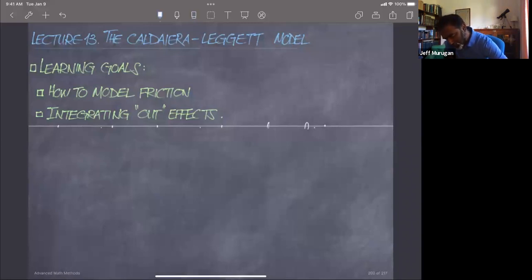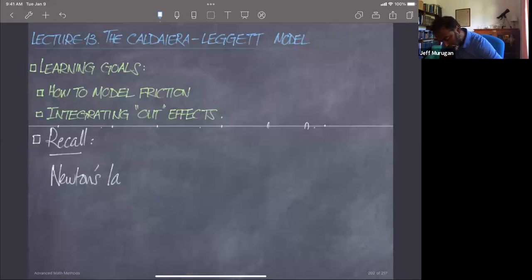so let's make a note of this. So recall the following. Firstly, there was Newton. And Newton's law tells us the following. It says that F equals ma. If I exert a force on a system, it produces an acceleration.